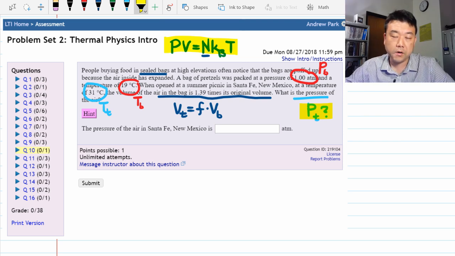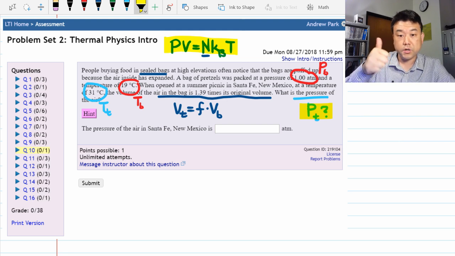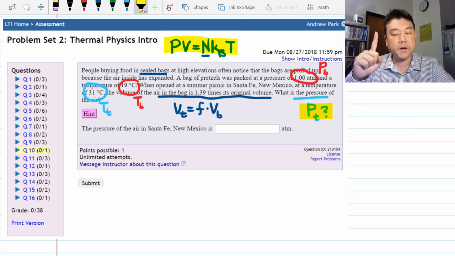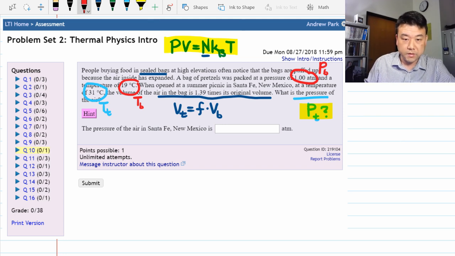Ideal gas law involves 4 quantities that could potentially change: pressure, volume, number of particles, and temperature. In most problems, the number of particles is going to be the same. So a strategy to use ideal gas law would be to use it like a conservation law, because you can rewrite it into this form.